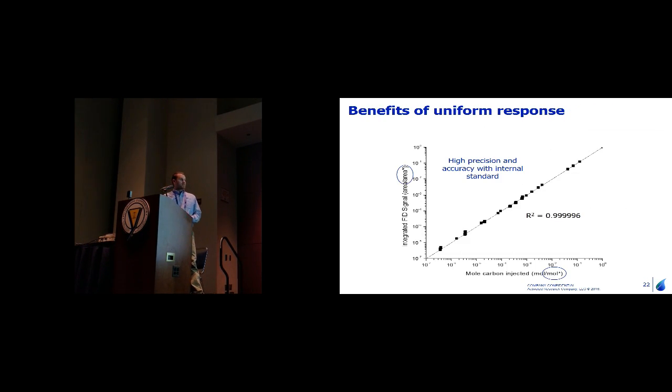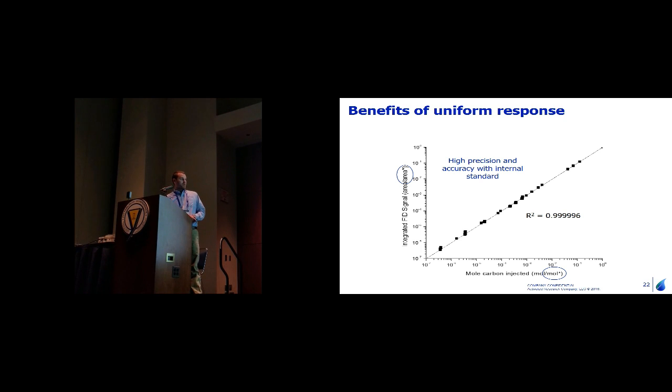Now we can divide by an internal standard, and now we completely get rid of the need for calibration because the response of that internal standard on a carbon basis is the same for that species as well as any other species in that sample. So now this line, which goes through 0, 0, and 1, 1, is just the y equals x line, and is true for all molecules.